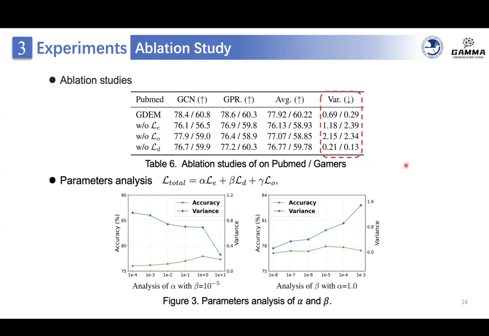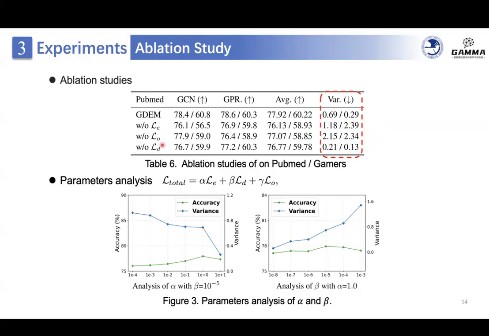Then we conduct some ablation studies on GDEM. From the table, we can see that the lossy eigenbasis matching and the orthogonal constraint are crucial for better generalization, because removing either leads to a significant increase in the variance.